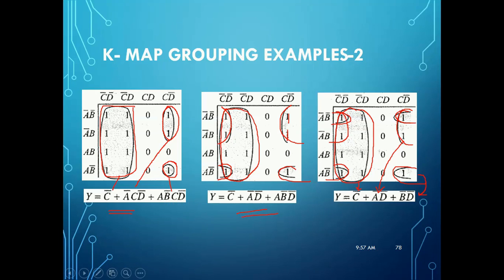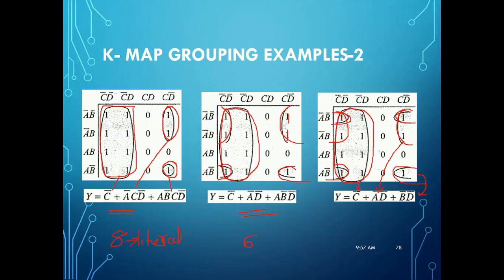You got 8 literals here. If you see the second problem, 1, 2, 3, 4, 5, 6, a lesser number of literals. So the final aim is to get fewer literals.